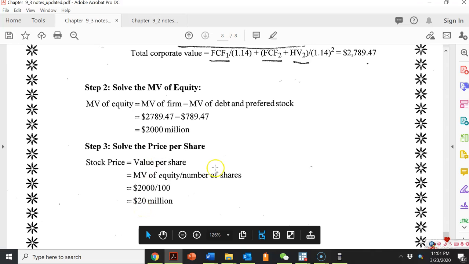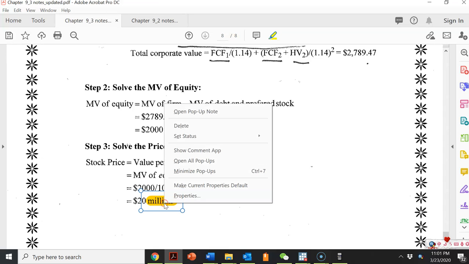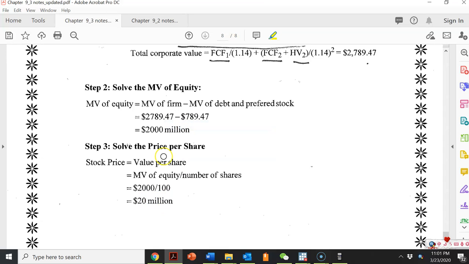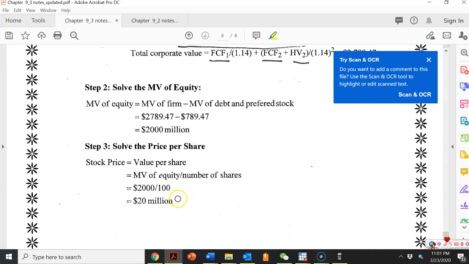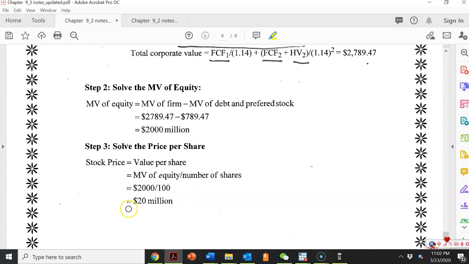Okay, and there's a typo here. I actually want to delete this measure. So it's actually just $20 because we're using 2,000 million divided by 100 million.